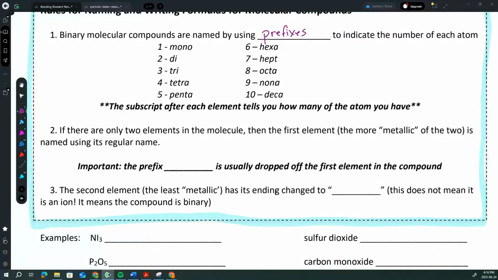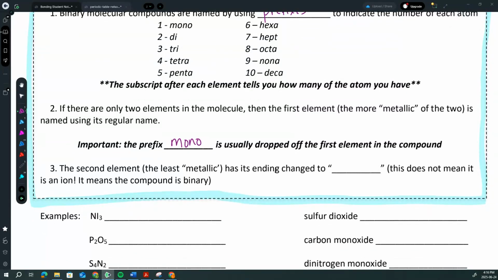Step number 2, if there are only two elements in the molecule, then the first element, which is the more quote-unquote metallic of the two, even though it's a nonmetal, is named using its regular name. Importantly, the prefix mono is usually dropped off the first element in the compound. If you only have one of whatever element comes first, you typically won't name it as mono, you'll just name it the element name.